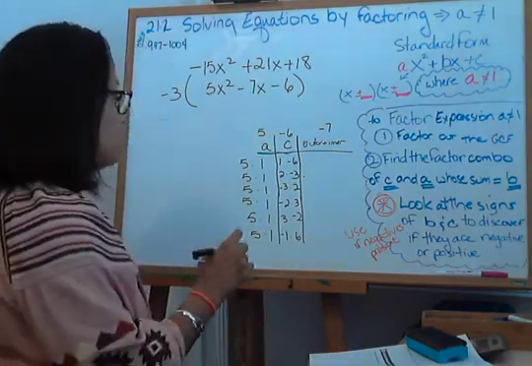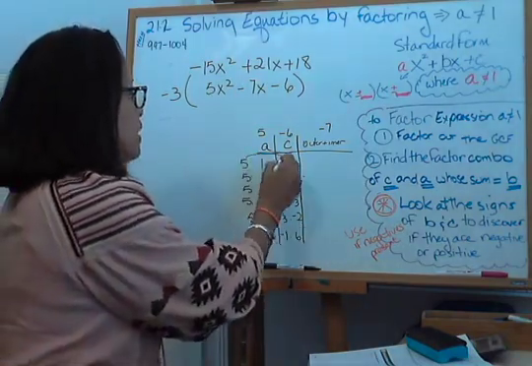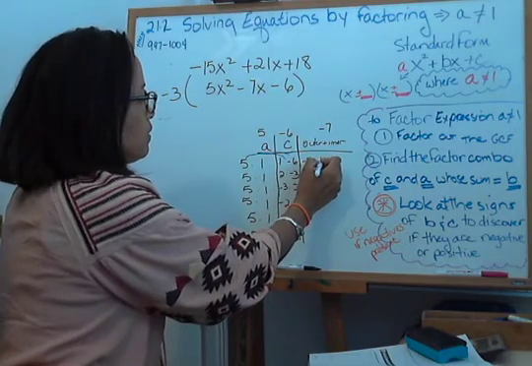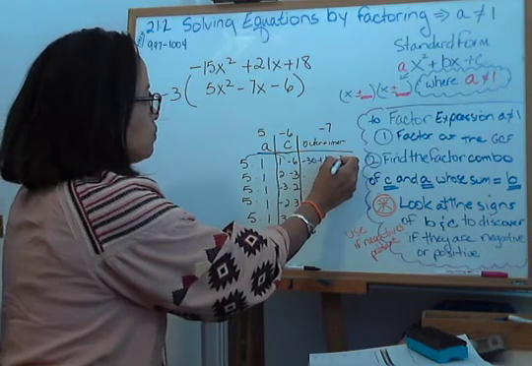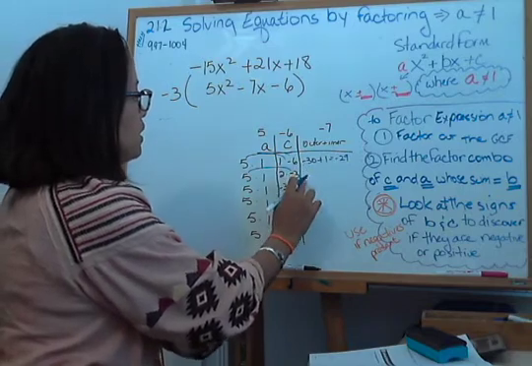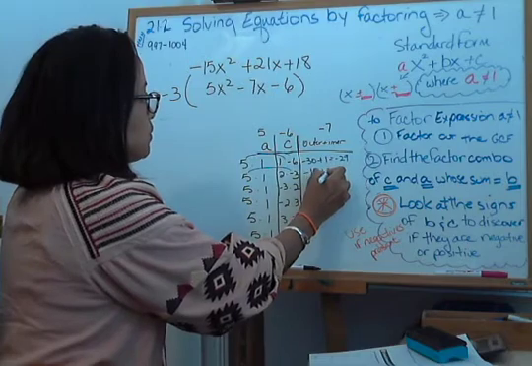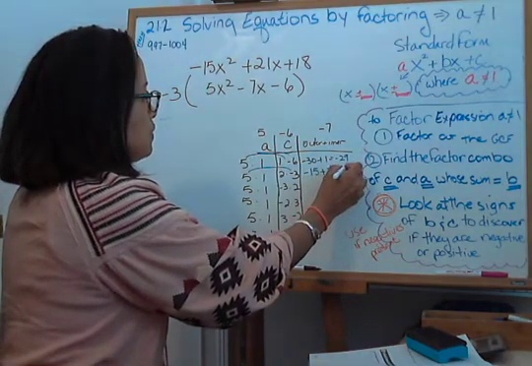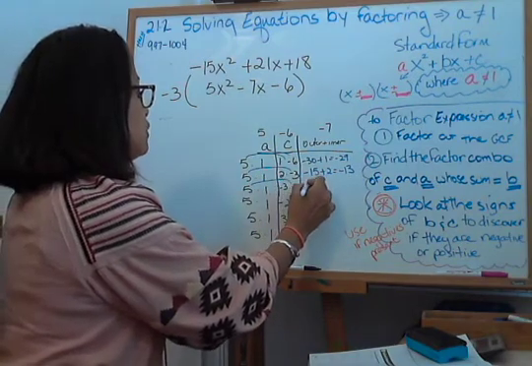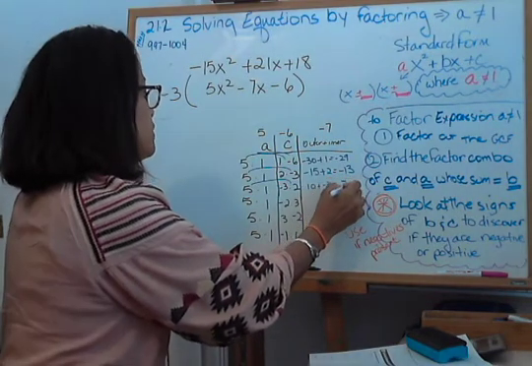So let's get started. It's outside multiplied together plus inside. Outside is going to give me 5 times negative 6. It's negative 30 plus 1, negative 29. No. 5 times negative 3 is going to give me negative 15 plus 2 times 1, 2. Negative 13, no. 5 times 2 is going to give me 10 plus negative 3, which gives me 7.